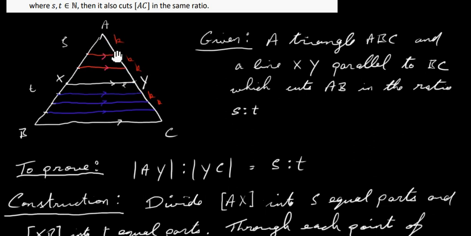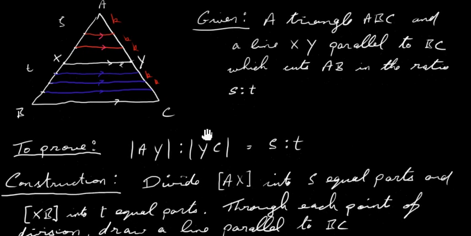So if each one is K length, K units in length, then the distance from A to Y is S times K. And similarly here we're going to say the same down here.